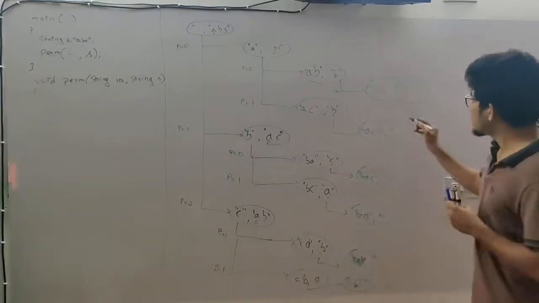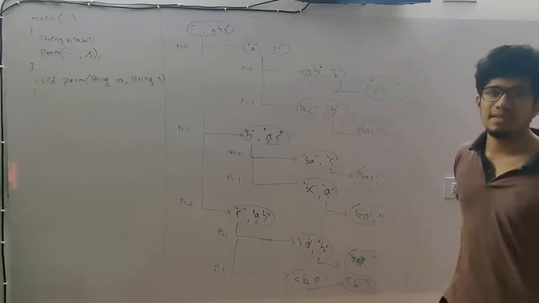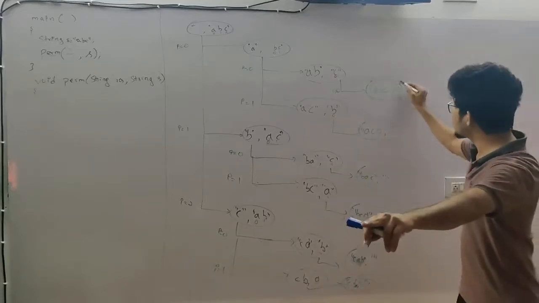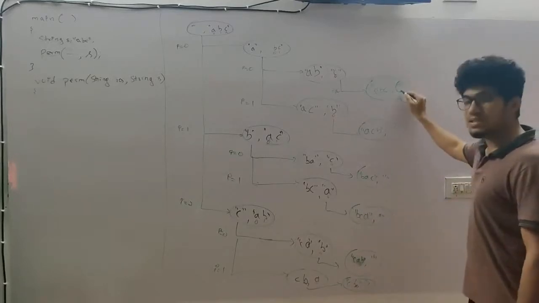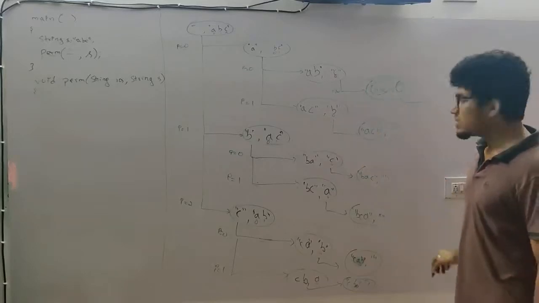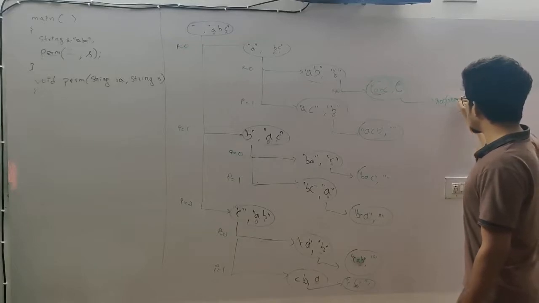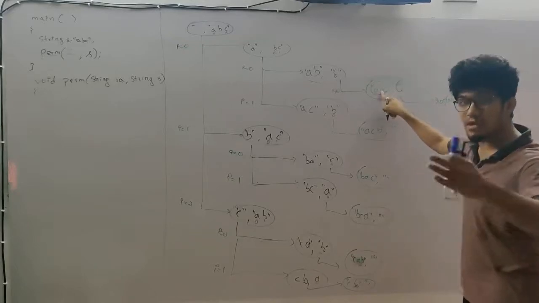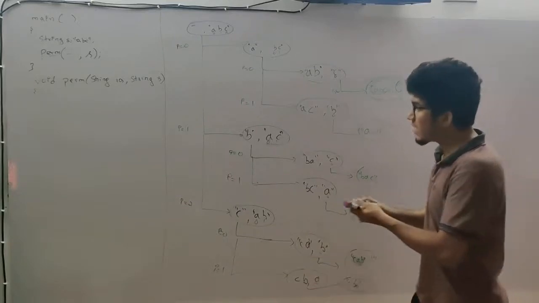Now don't you think the answer is present in this result? Yes. When the string length is 0, it means everything is selected. If the string length is 0, whatever is in the result, you print it. So system.out.print, what will I print? Result. If I print result every time the string length is 0, I'll get A, B, C. I'll get the answer.